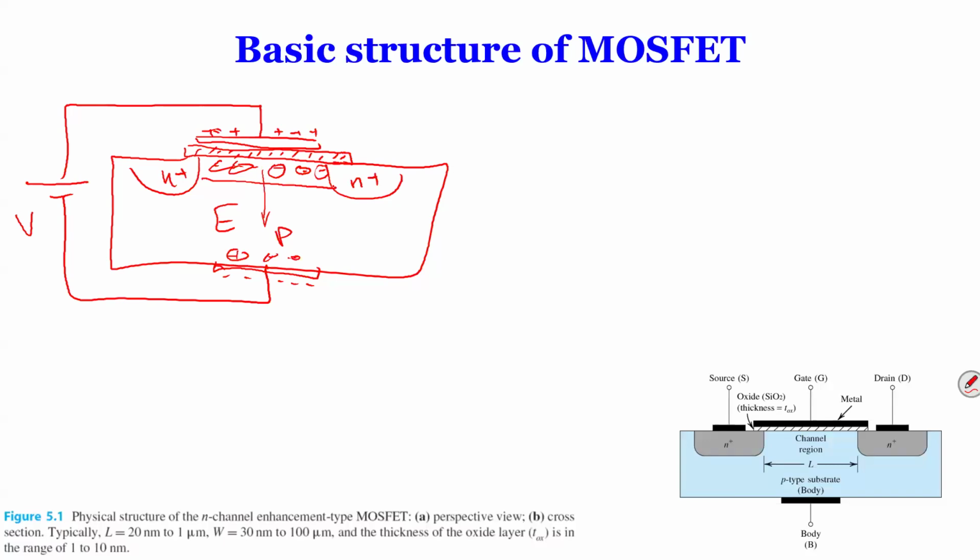The lower graph shows it like this: in this area, a lot of electrons. This phenomenon is called the field effect. When you apply a field, the electrons are going to accumulate at the surface.